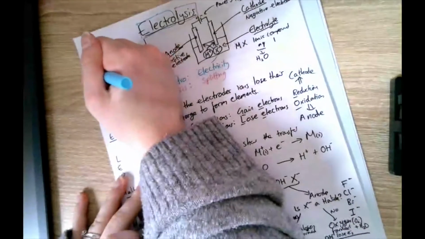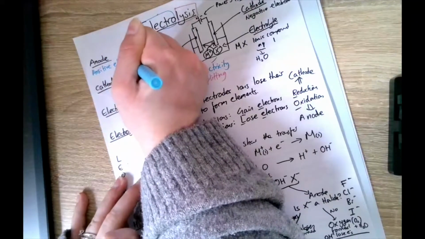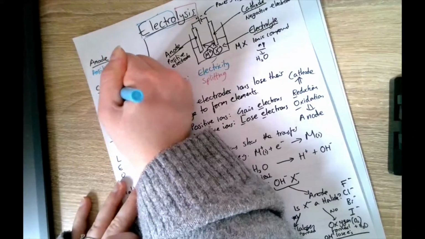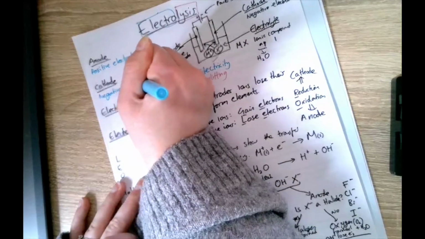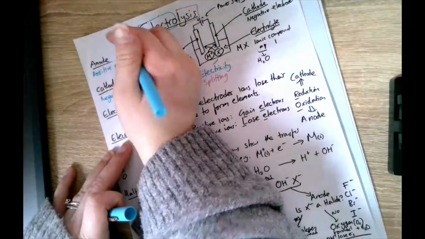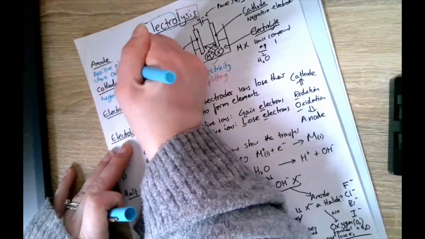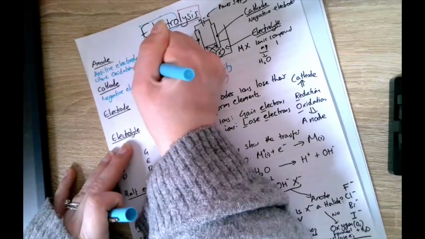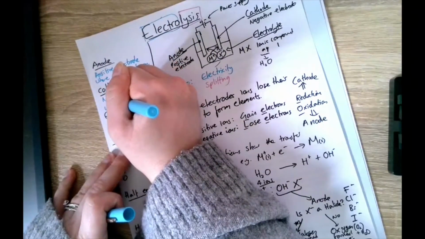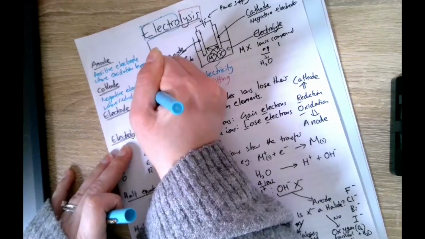So our anode was our positive electrode, our cathode our negative electrode. We could also talk about that our anode is where oxidation happens, and that our cathode is where reduction happens.